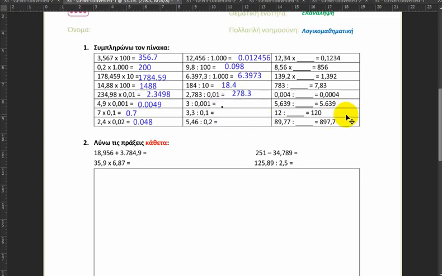Then we have 3,000. Then we have 33. Then we have, wait, give me a second. Okay. This is going to be the half of 54.6. So 27.3. Okay, good. Now, what do we have to multiply 12.4 here with?